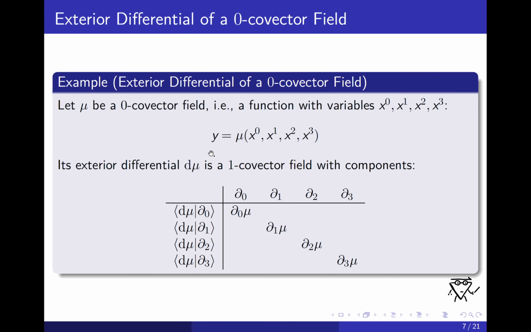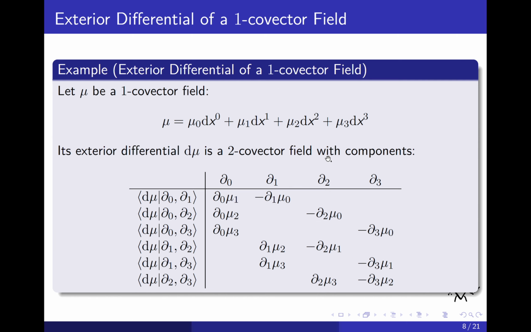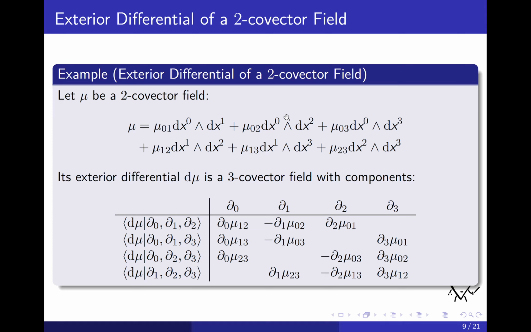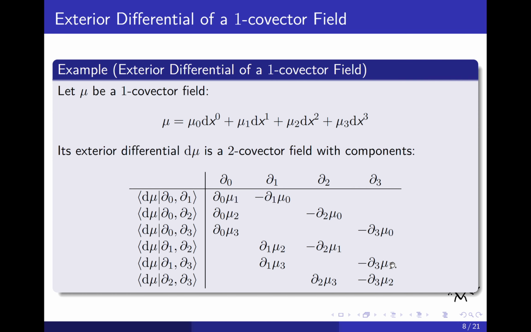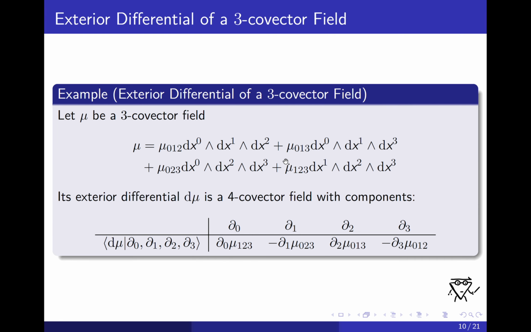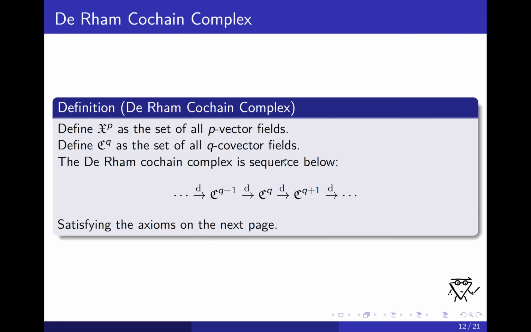For example, you take a zero covector field, say a smooth function, right? And you differentiate it, you get something like this. This is the gradient. And you differentiate that gradient again, you get the curl of the gradient. But the curl of the gradient is 0. And you generalize this to exterior differential, you get the exactness condition.